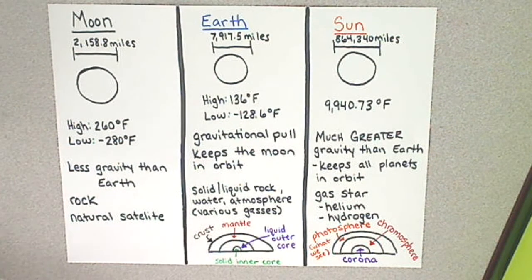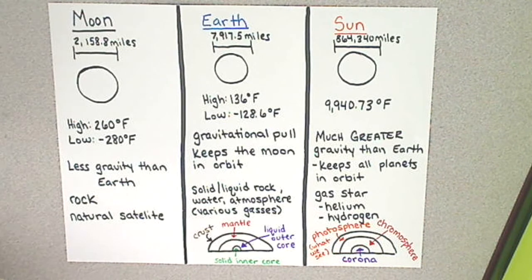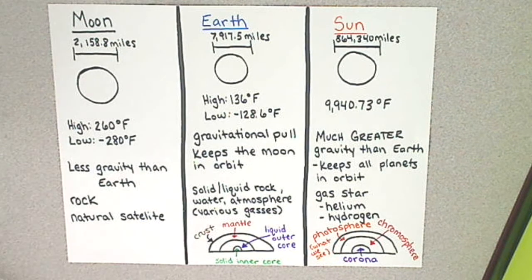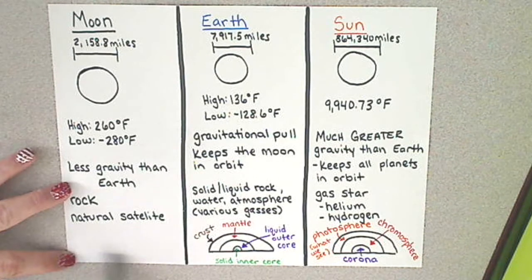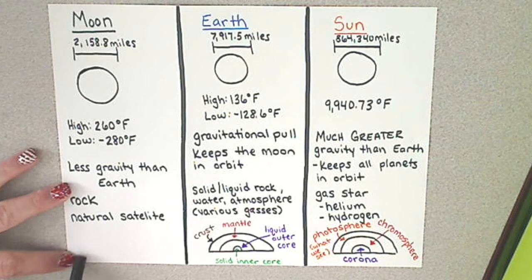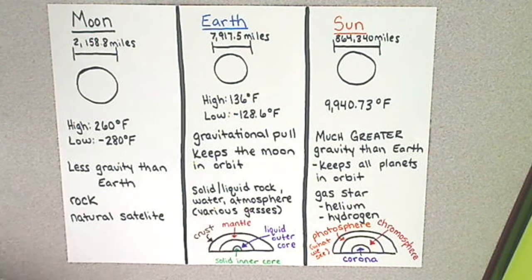At some point I want you to go on to our class website, because I have the definition for natural satellite there. And I want you to investigate and come up with your own definition to add to natural satellite there. So you're going to need to leave a little bit of space and remind yourself to go back and look at our dictionary to see what a natural satellite is. That is one job that you're going to have for this.